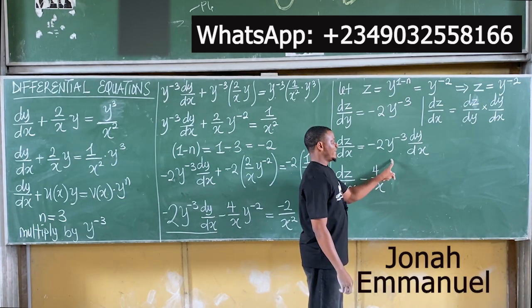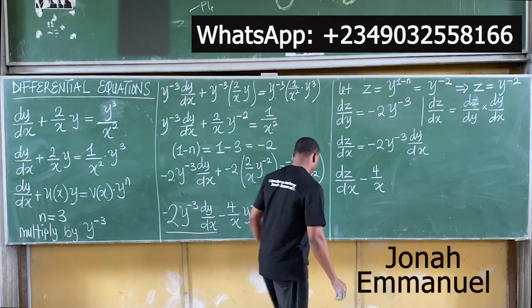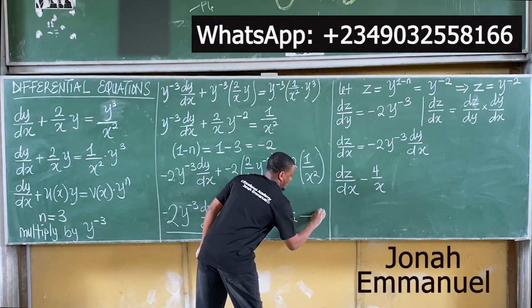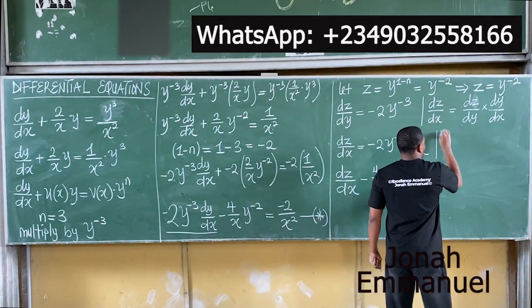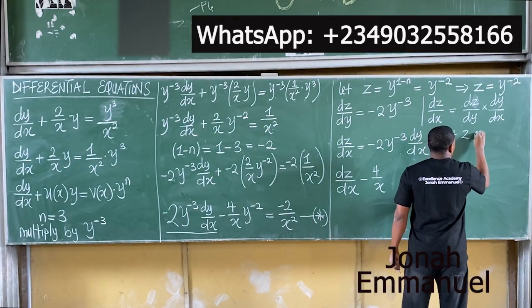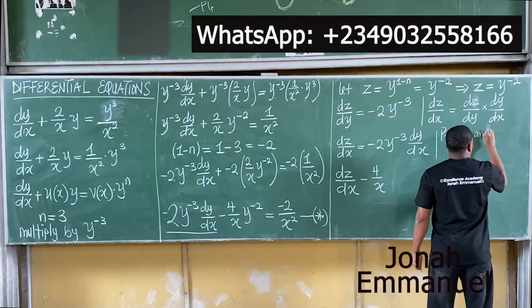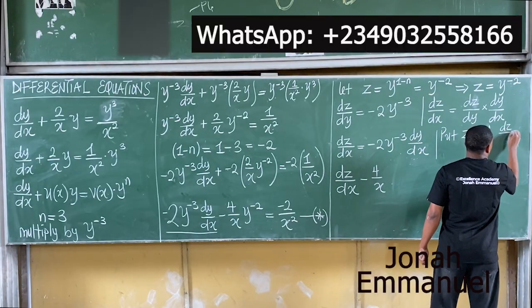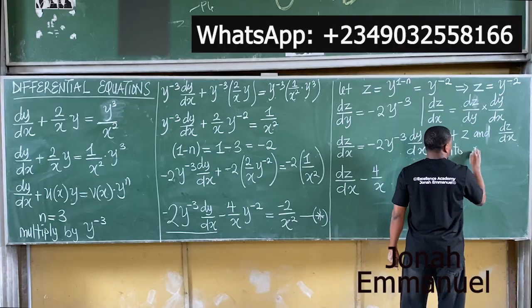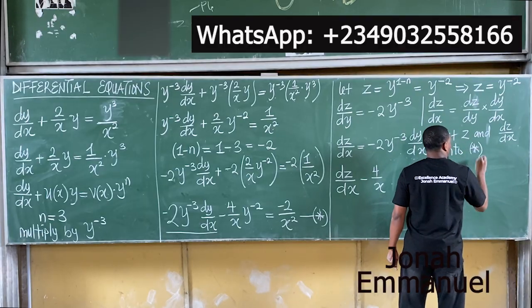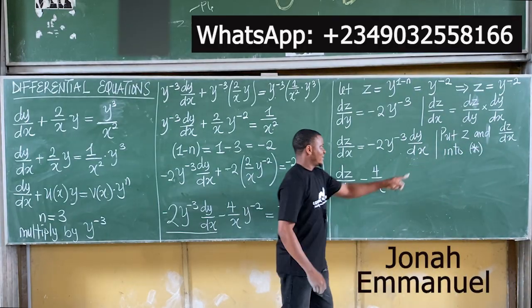Substitute the value of z and dz dx into, let's call this asterisk. So you can say put z and dz dx into equation asterisk. So after this, you now come here.